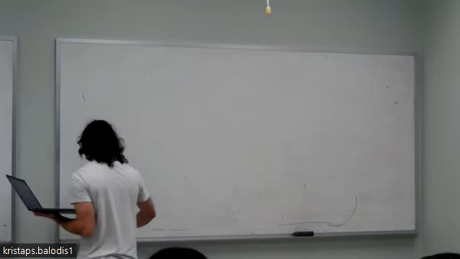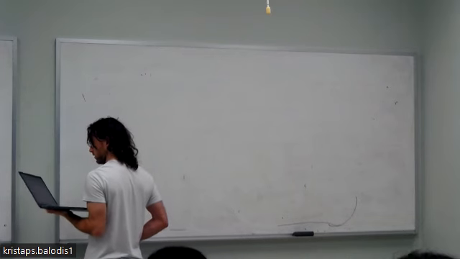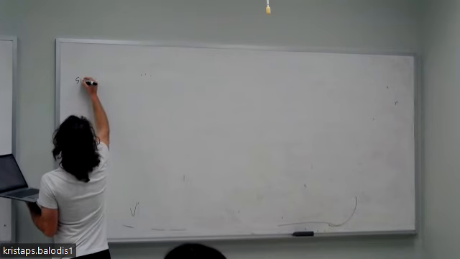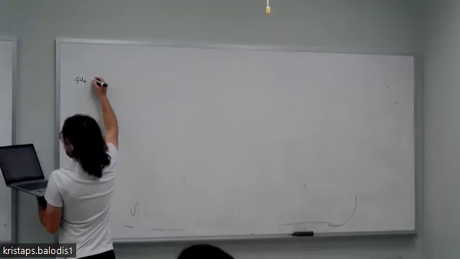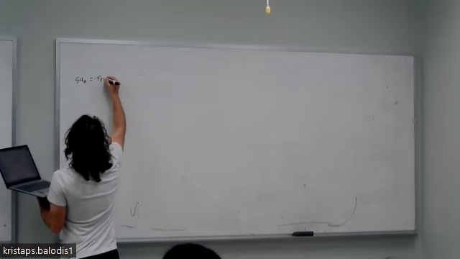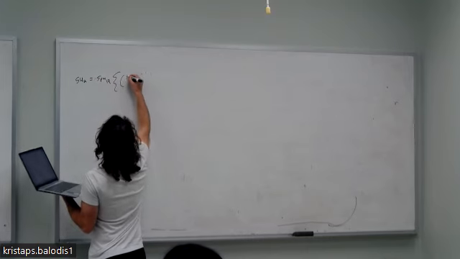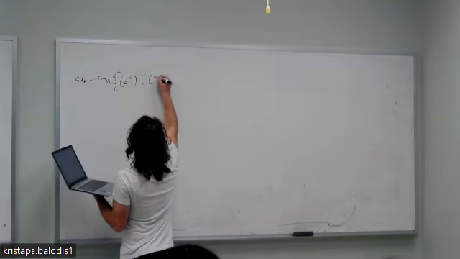There are good reasons why this isn't just an arbitrary naming convention. We will have some explanations for this, but there's SU2, which is the real span of these three matrices.